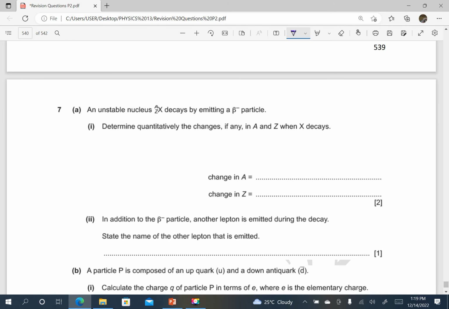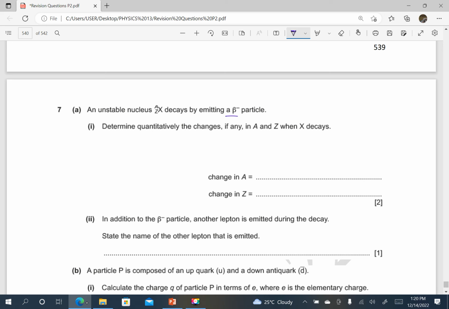An unstable nucleus XAZ decays by emitting beta minus.